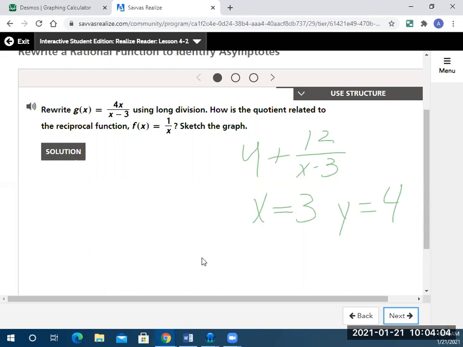It looks a little different from the function we were doing, but you can rearrange this. You can rearrange this 4 to be at the end to make it look like the other ones, because it's the same as 12 over x minus 3 plus 4. And then you can see that this shifts to the right 3, and then it shifts up 4, right? Everyone sees that?